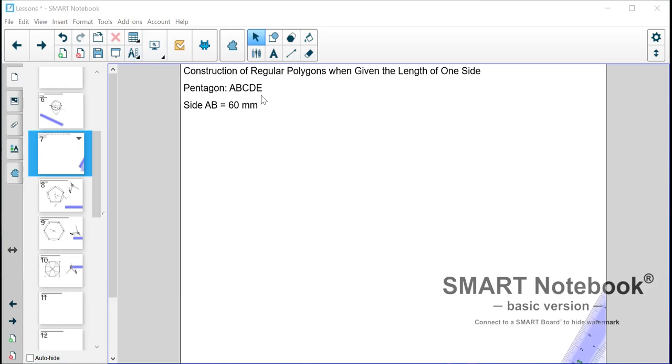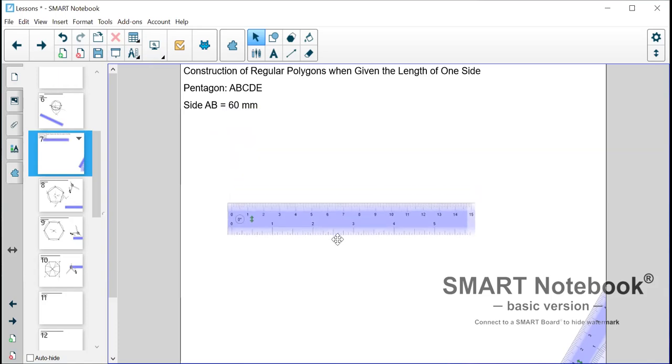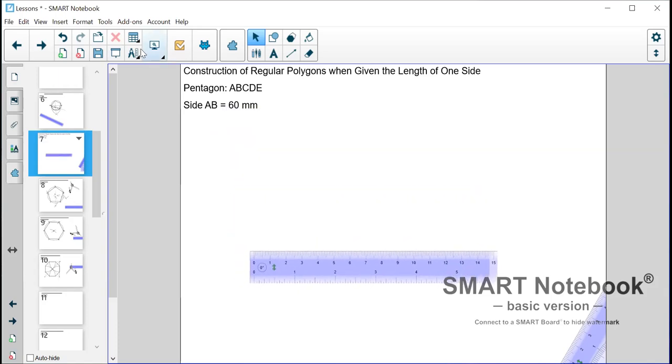The pentagon is labeled as A, B, C, D, E, and the side of the pentagon is given as 60 millimeters. Now, the first thing you need to do is to draw a line using the length of the side that is given, which is 60 mm.